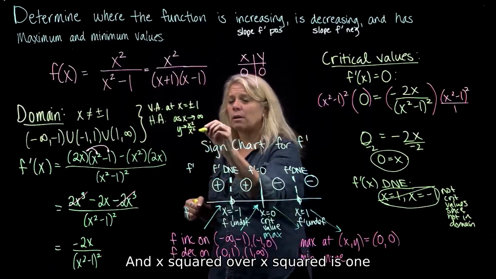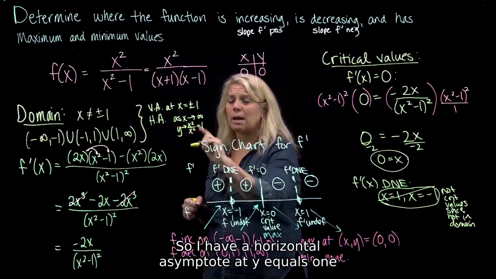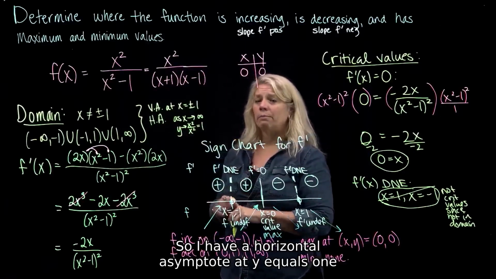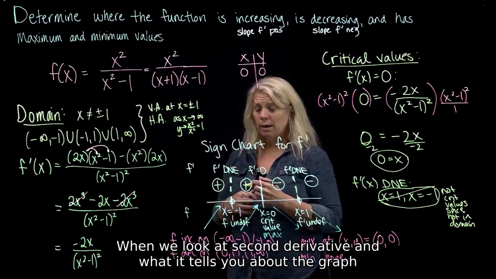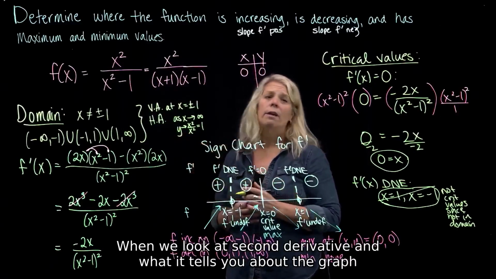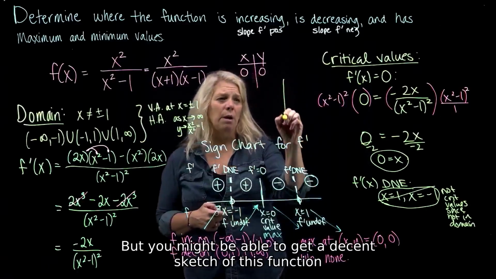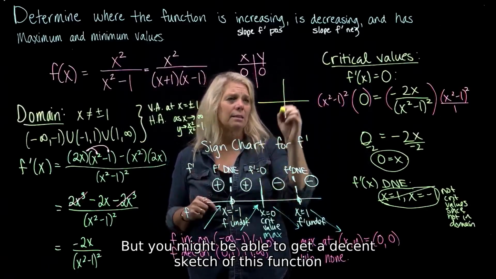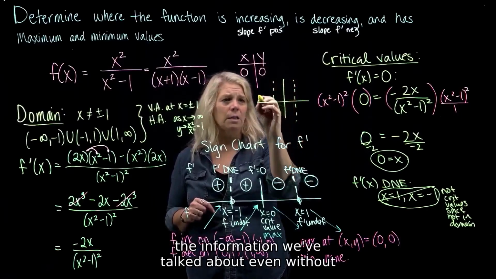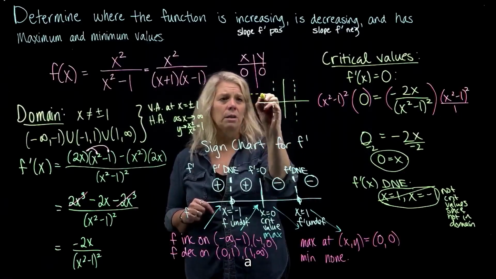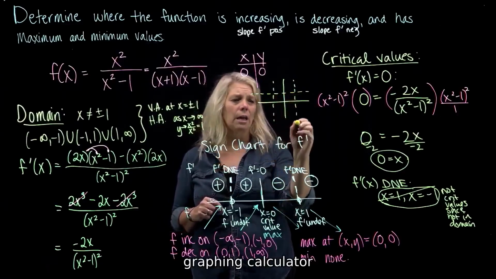And x squared over x squared is 1. So I have a horizontal asymptote at y equals 1. And so you can think about the whole graph of this function. We will do some more when we look at the second derivative and what it tells you about the graph. But you might be able to get a decent sketch of this function based on the information we've talked about, even without a graphing calculator.